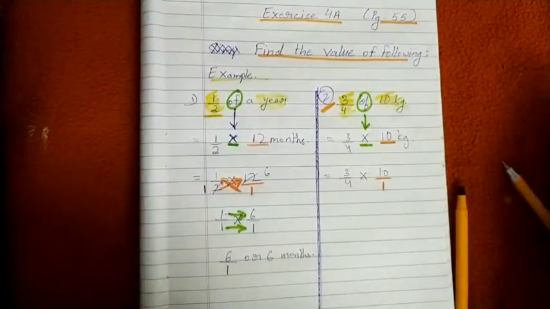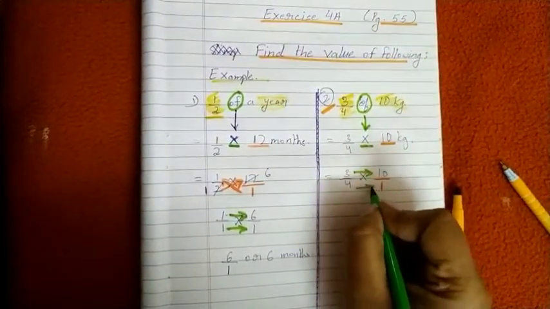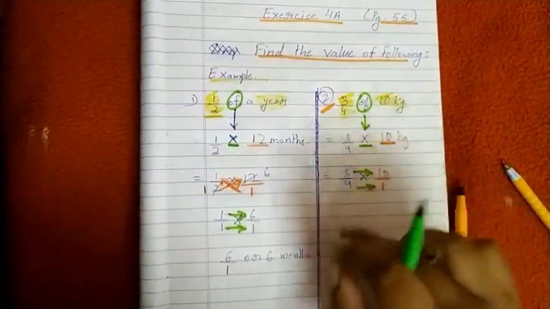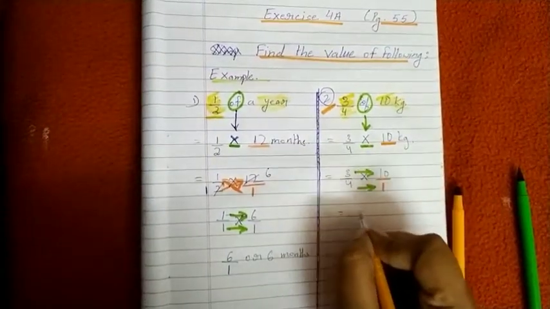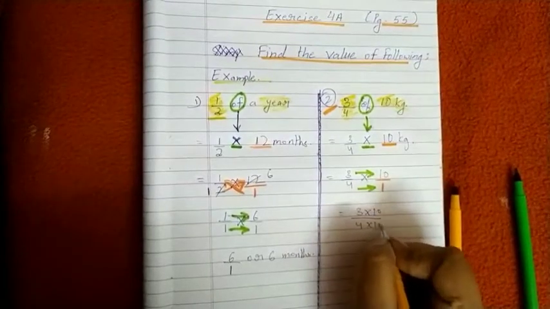Now children, let's make it simple. Multiply numerator with numerator and denominator with denominator. We can simplify also, but we can do it like this also. So 3 into 10 and 4 into 1.